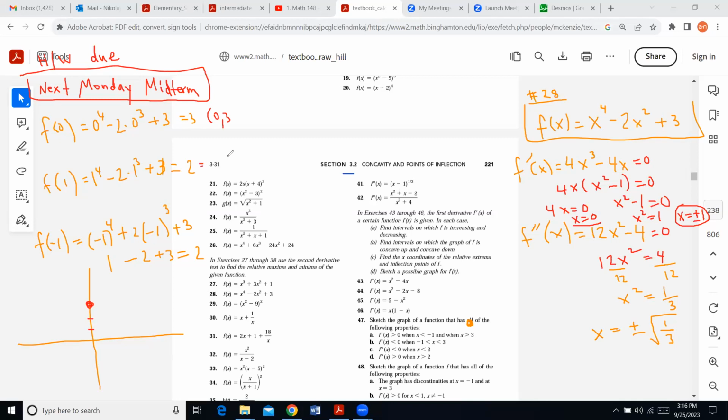Second point, when x is 1, y is 2, so that's a little bit lower. So place it here. And then the analogous point is the last one, right? When x is -1, y is also 2.